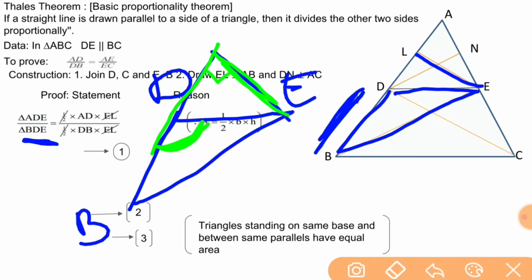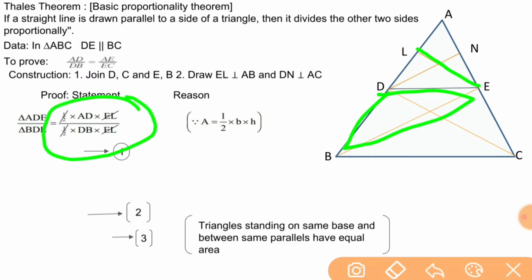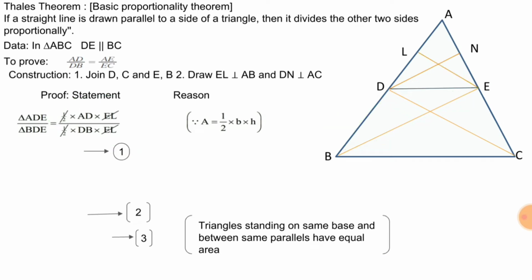So for this triangle, that is BDE, the height is EL. What we have written here is half of DB into EL. Now here the half gets cancelled, EL gets cancelled.